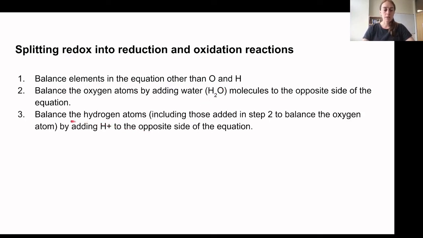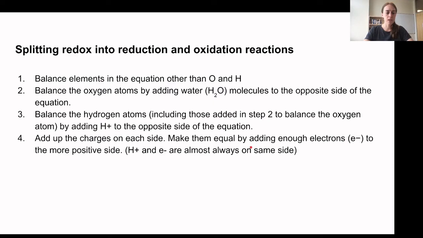And on that same side, we're going to balance the hydrogen atoms, including what we added in our waters, by adding hydrogen to the opposite side of the equation. Then we're going to add up the charges on each side, and if we don't have an equal number of charges, we're going to have to add electrons to the more positive side.